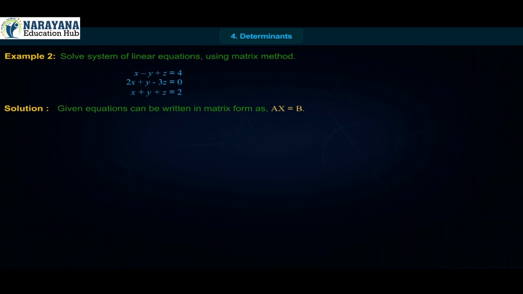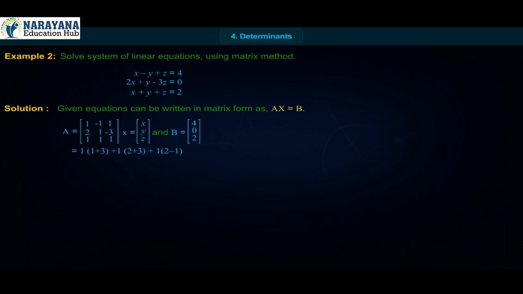The given equations can be written in matrix form as AX = B. A is the matrix [1, -1, 1; 2, 1, -3; 1, 1, 1], X is the matrix [x, y, z], and B is the matrix [4, 0, 2].